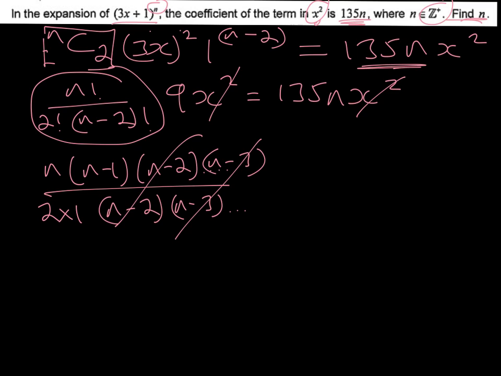So I'm left with n multiplied by n minus 1 over 2 multiplied by 9 equals 135n.